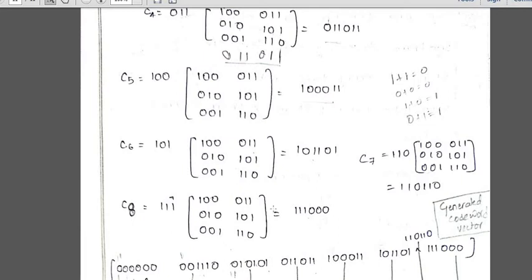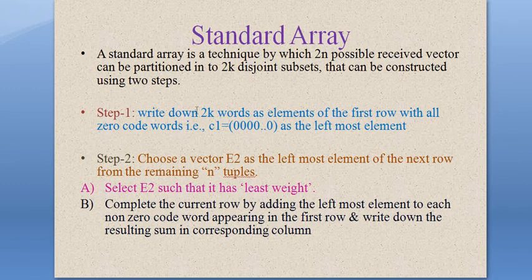Now after getting all these 8 code words, you have to move on to the standard array. Now you have to prepare your standard array, correct? You are going to construct it. What is the first step you have to do? Write down all the 2 power k code words as the elements. See here, what is the first step? Write down the 2 power k code words as the elements, with the all-zero code word in the first row.